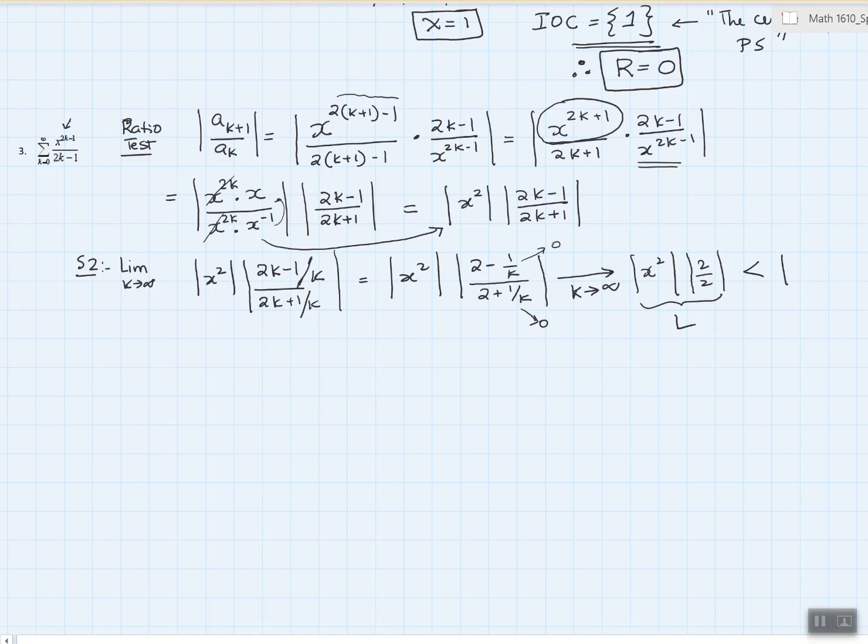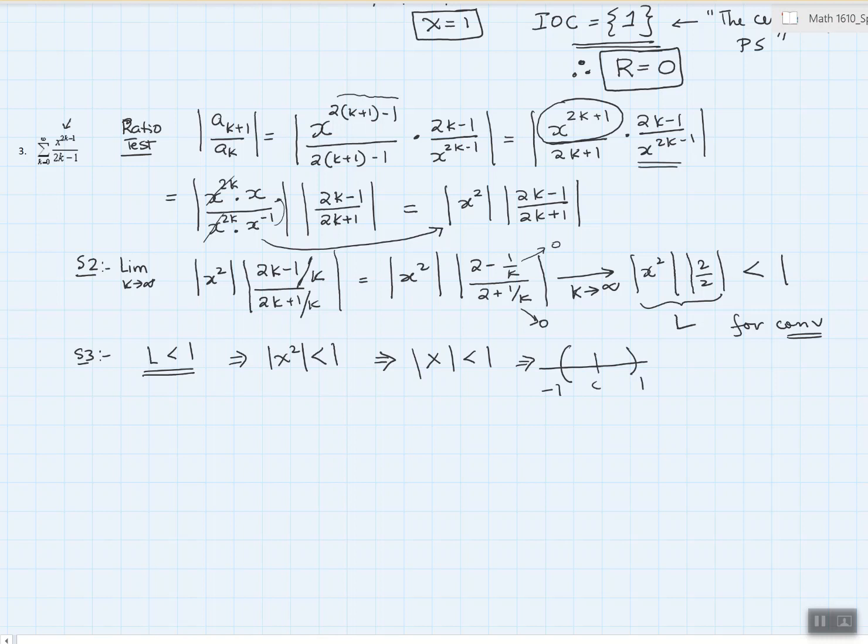So step 3, my L is less than 1 for convergence, which means absolute value of x squared is less than 1, which means that absolute value of x is less than 1, which means I'm in the interval -1 to 1.